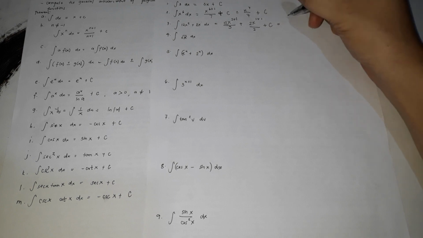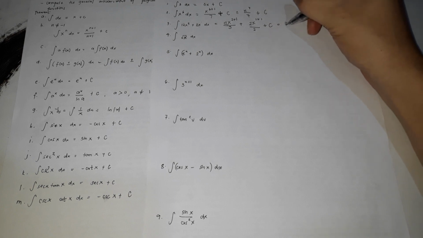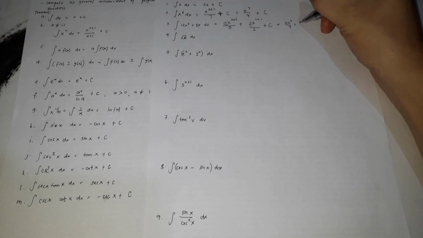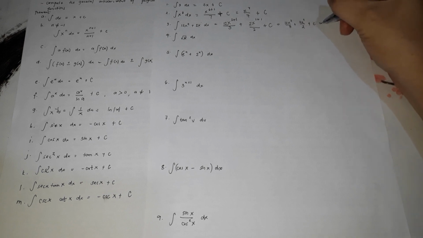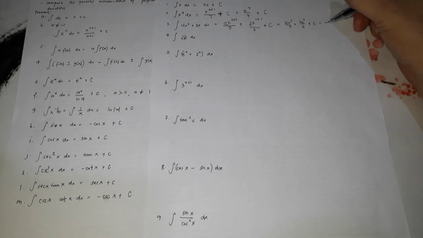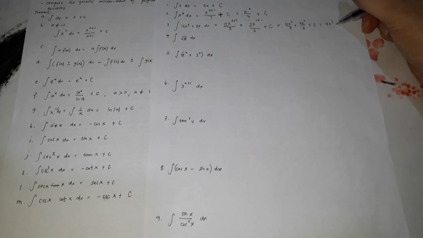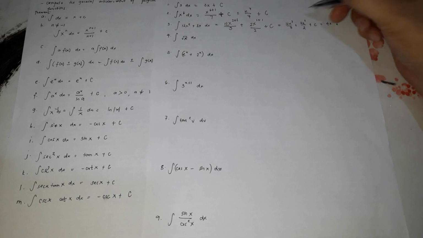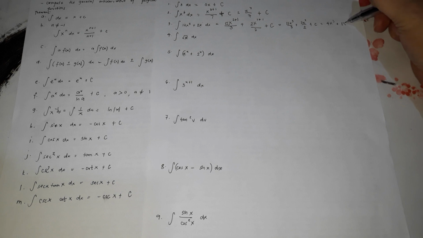This is equal to 12x to the 3 over 3 plus 2x to the 2 over 2 plus c, which is also equal to 12 divided by 3, which is 4, 4x cubed, plus 2 divided by 2, that's 1, so 1x squared plus c. So that's the answer for number 3.